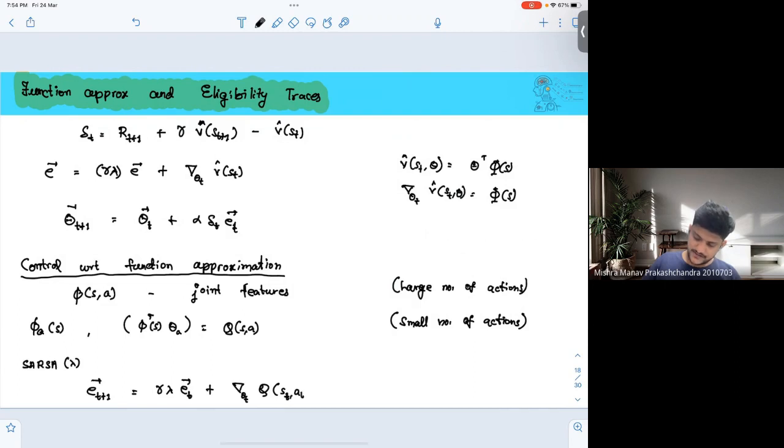So this gives me the control aspect when I'm looking at function approximation. And this q of s, a can be directly substituted from here. If you put in the algebra, you will get the appropriate eligibility trace update. And once you have that, you just feed it into this particular equation.